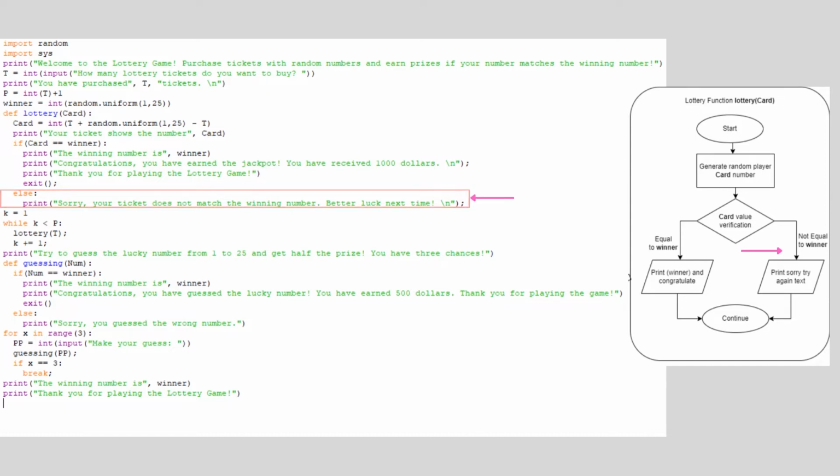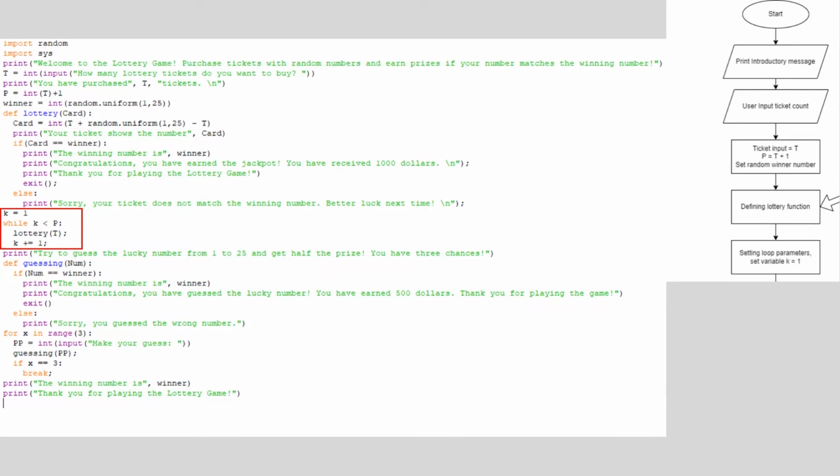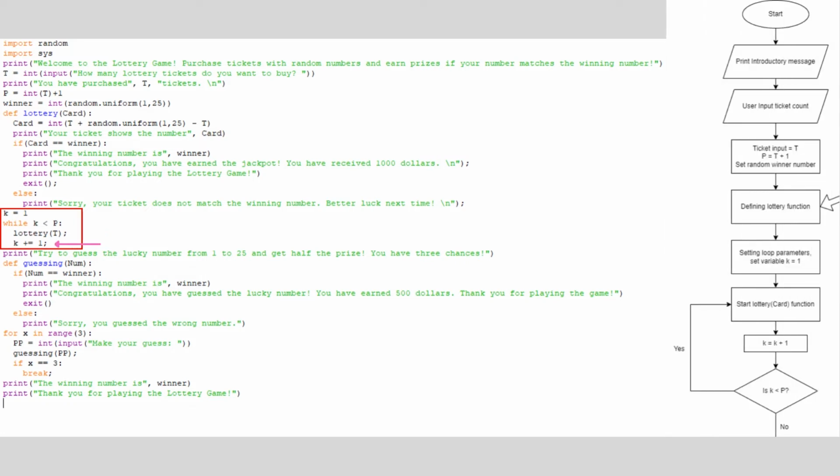By using the while loop. So we assign any random variable, for example k here with a value of 1, and by the following code, while the value of k is still less than p, which is t plus 1, the code will continue to run the lottery function and add 1 to the value of k after.